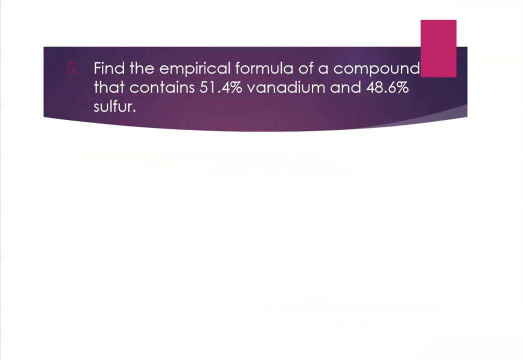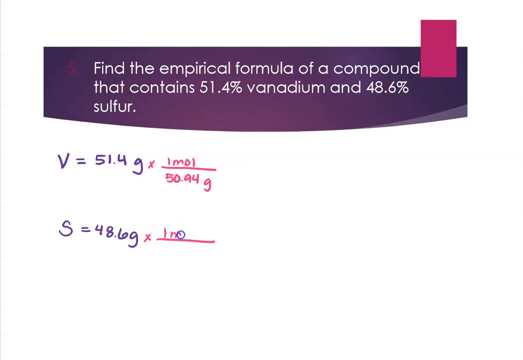Let's do a couple more. So here we have a compound that contains only vanadium and sulfur. So this is relatively straightforward. 5.1 grams of vanadium and 48.6 grams of sulfur. Divide by the molar mass. Vanadium is 50.94 and sulfur is 32.06.